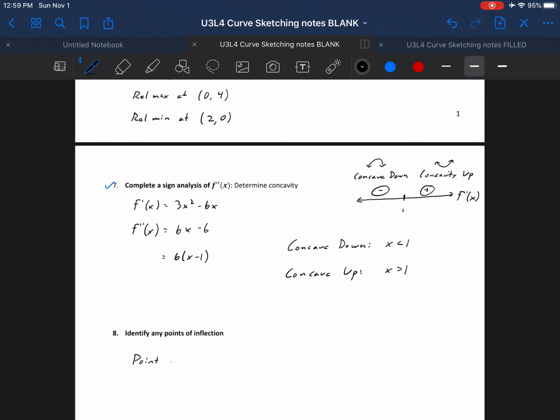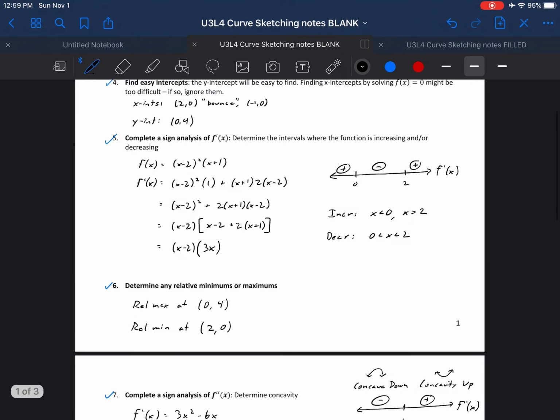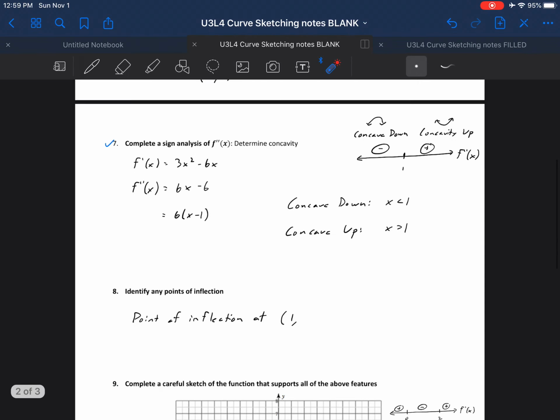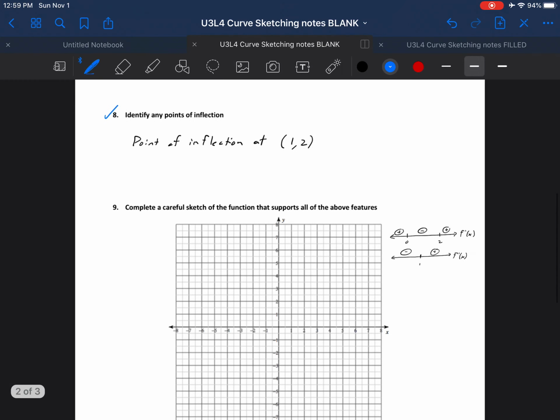So we have a point of inflection at 1, and then if I go back to the original and plug in, when x is 1, this is going to be -1 squared, so that's just going to be 1. This is going to be 2. 1 times 2 is 2. All right, that's done.